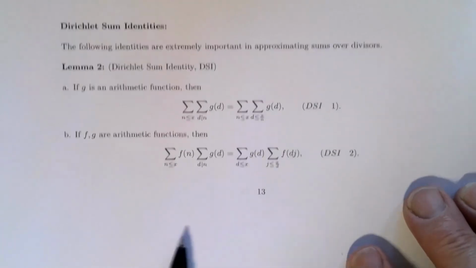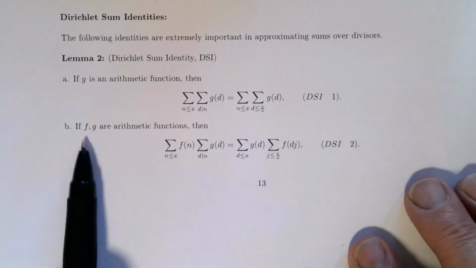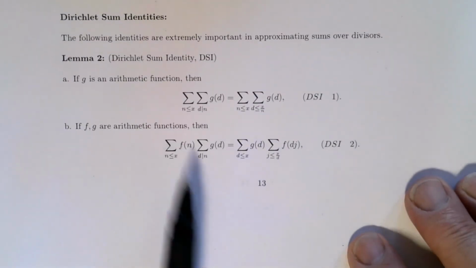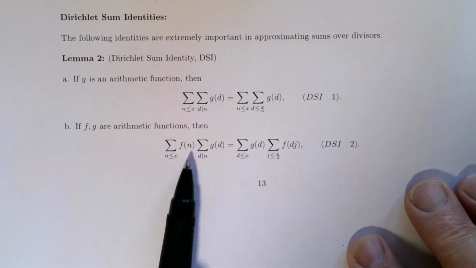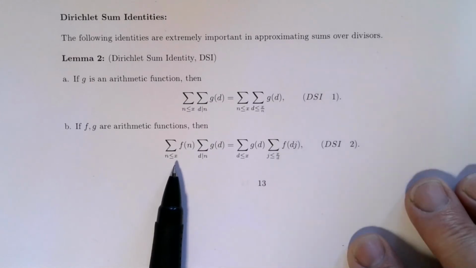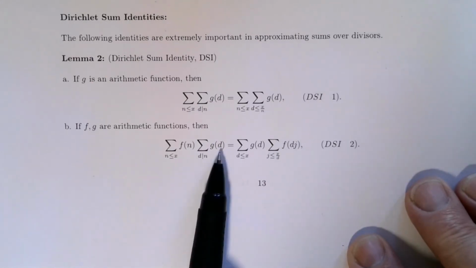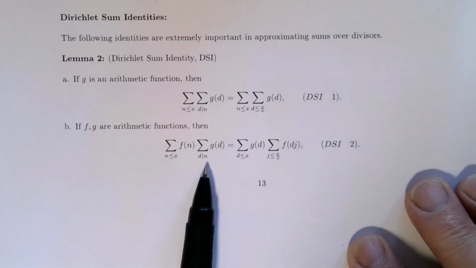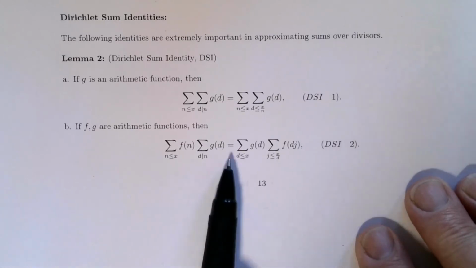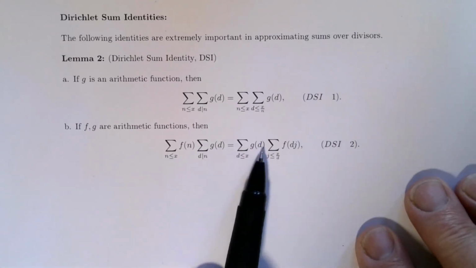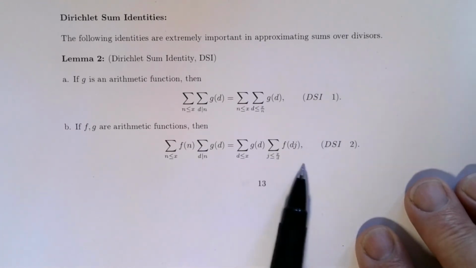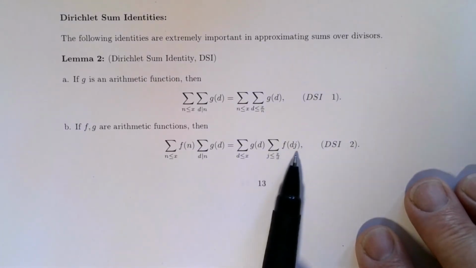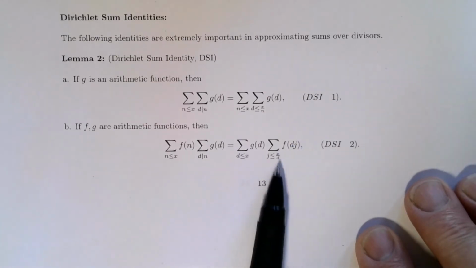And the second one has two arithmetic functions, f and g. Here we take the sum of f of n for n less or equal to x, times the sum of g over all the divisors of n. And that turns out to equal the sum of g of d, d less or equal to x, times the sum of f of dj, these are all the multiples of d, for j less than x over d.